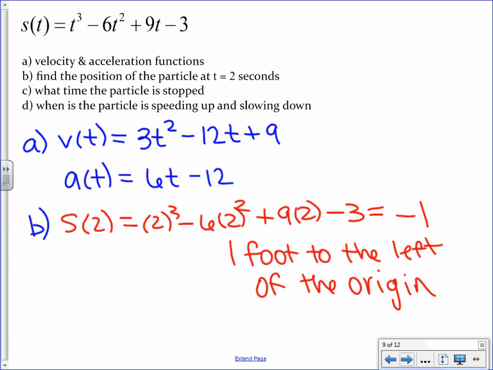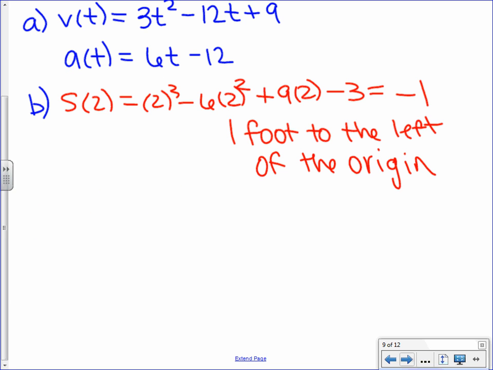Part C. At what time is the particle stopped? How do I find where our particle is stopped? Where our velocity is 0. So our velocity equation was 3t squared minus 12t plus 9. I want to know where that is 0. What should we do first?